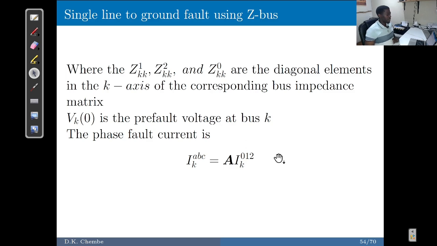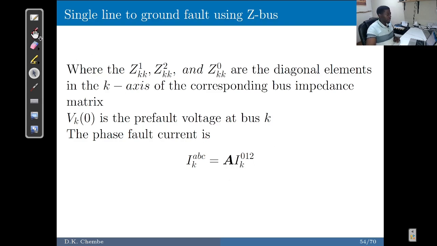And these, like I said, are going to be your diagonal elements in the K-axis of the corresponding bus impedance matrix. So Vk is the pre-fault voltage at bus K, and the phase fault current, therefore, for phase A, B, and C can be found from IK ABC to be equal to A.